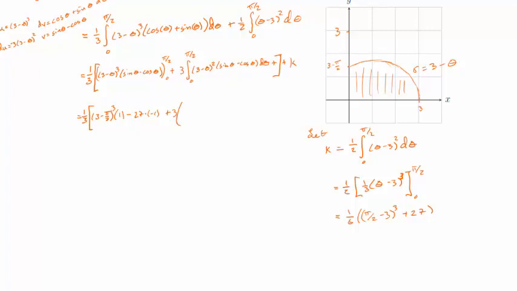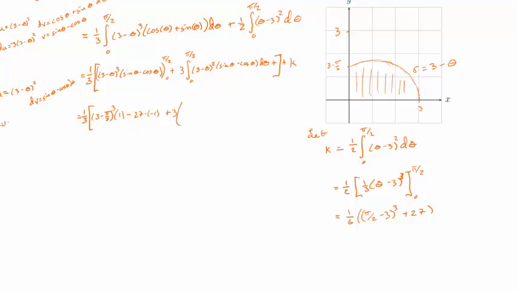So here we have u equals 3 minus theta squared now. And so it's 1 power lower than we saw before. So we're moving in the right direction. dv is sine of theta minus cosine of theta, d theta.